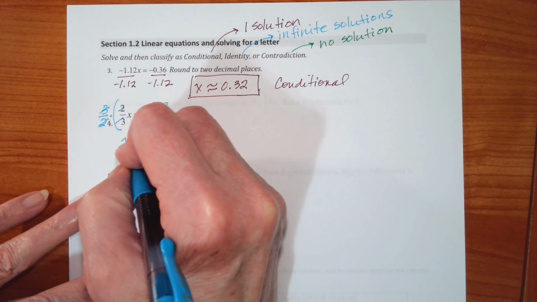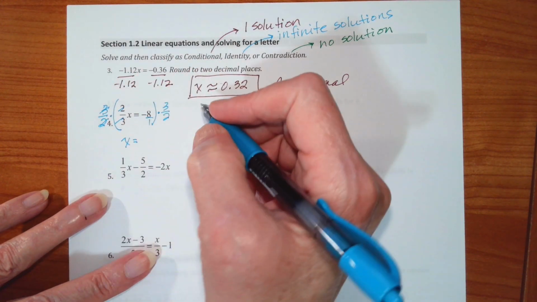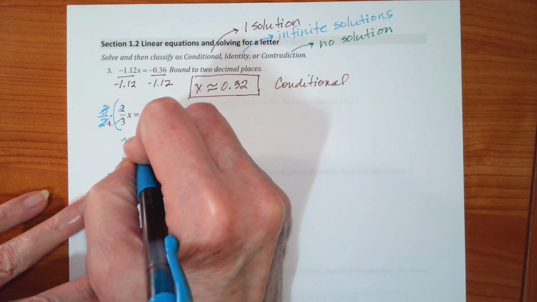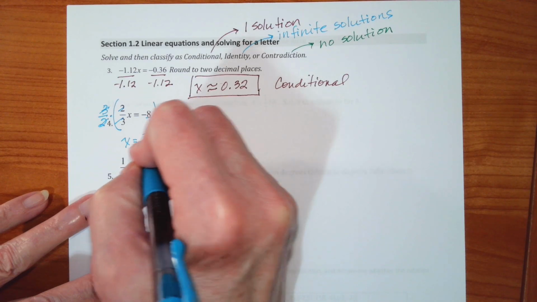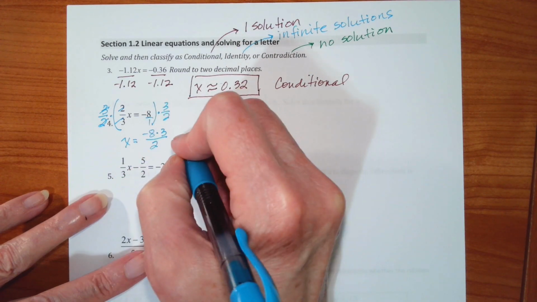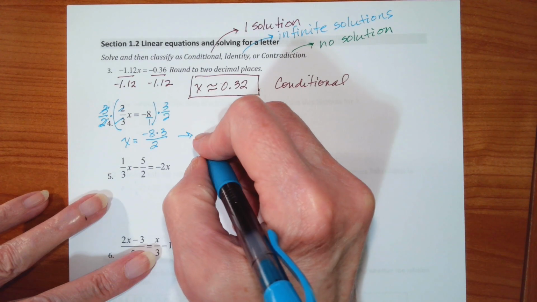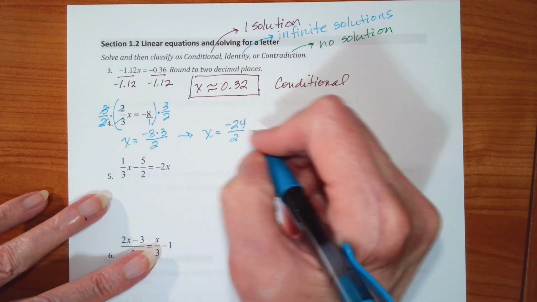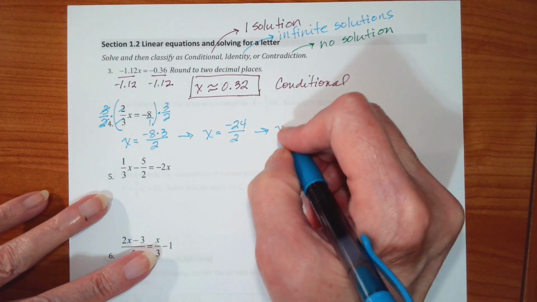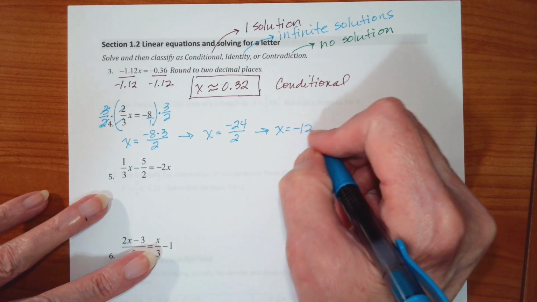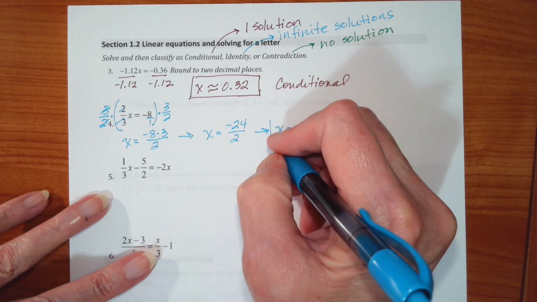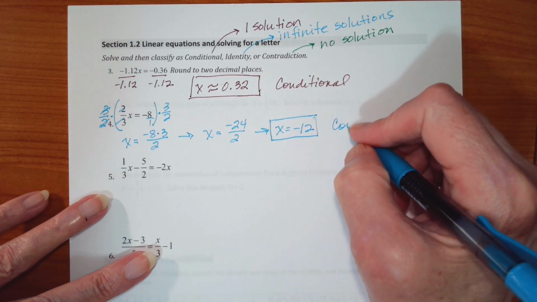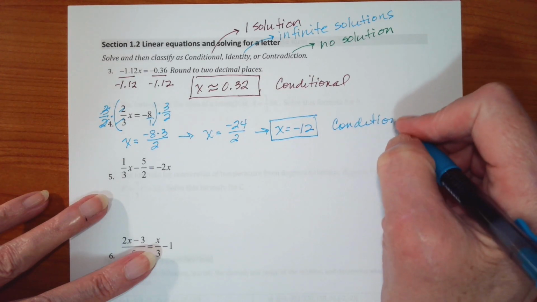And I'm left with x is equal, if I multiply this out, -8 times 3 divided by 2, which leaves me x is equal to -24 over 2. So x is equal to -12. Since there is a solution, this is also conditional.